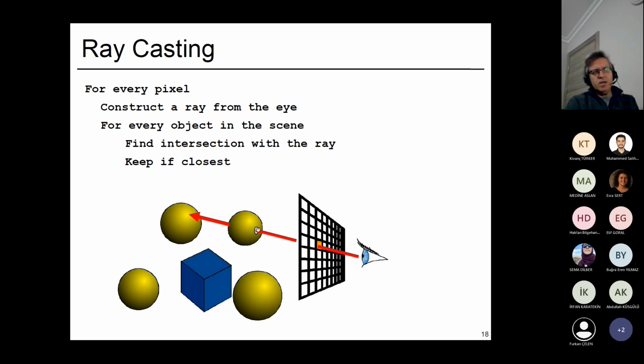In this case, you see that this ray intersects this first sphere here, and the second sphere here. And therefore, I know that in this case, this sphere is where I want to get my color value. This pixel is going to be seeing this object, not this object here. So just keep the closest one as the intersection point, and then use that to shade later on.